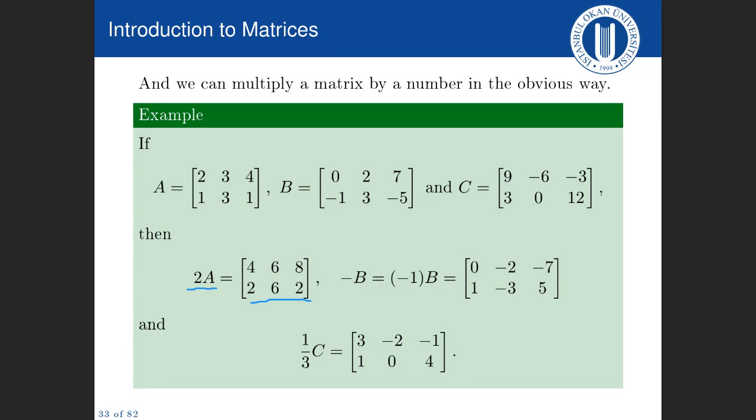Or I could do minus B, by which I mean minus 1 multiplied by B. Multiply every entry in B by minus 1. Or I could do 1/3 C. Multiply every entry in C by 1/3.